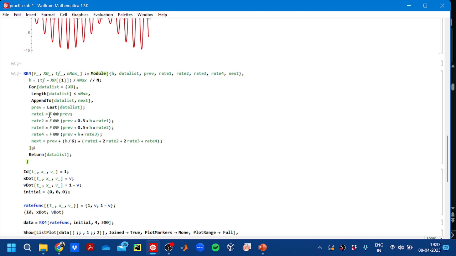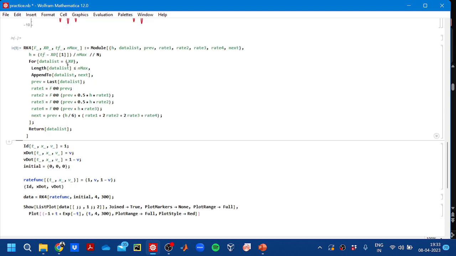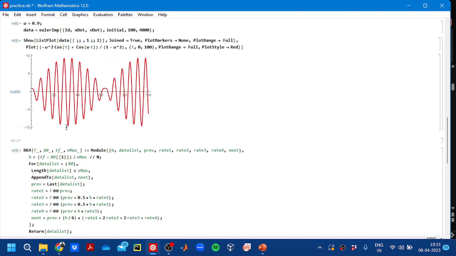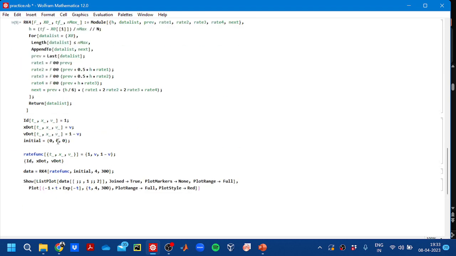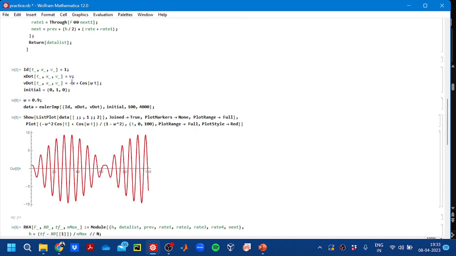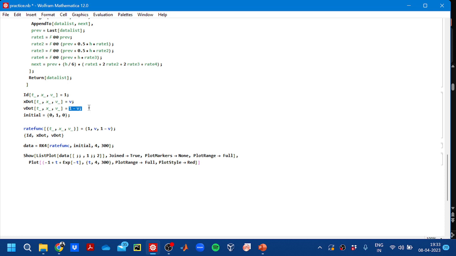This is how we are calculating the solution using the RK4 method. So let me run that. First we have to store the RK4 method. As you can see here, this initial condition, let me make them the same. So this should be 1, and so this is our initial condition.